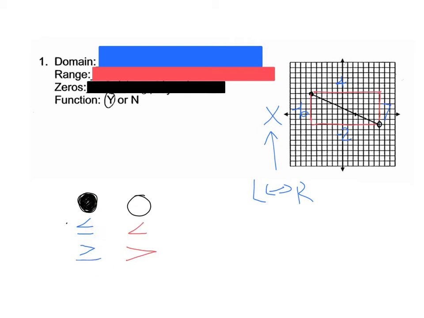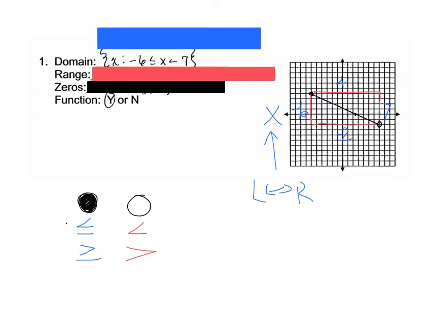And hopefully you see that x is bigger than negative 6, so we're going to use less than or equal to. And then 7, x is going to be less than 7. So the answer is, I meant less than. So x, okay, our domain is negative 6 is less than or equal to x, which is less than 7.